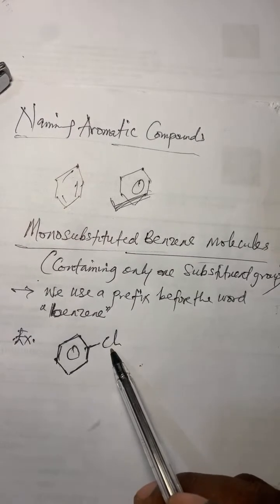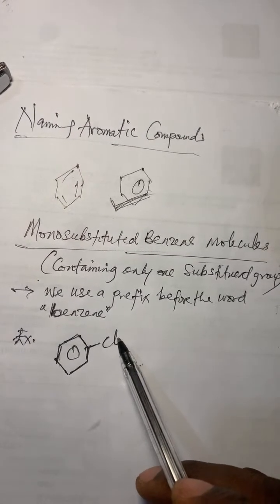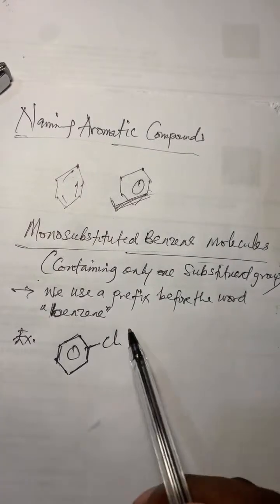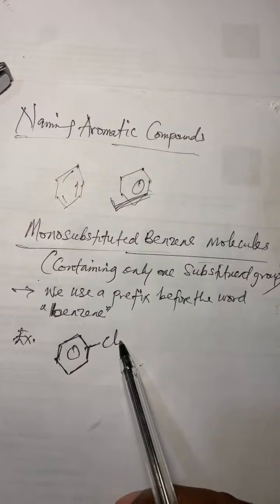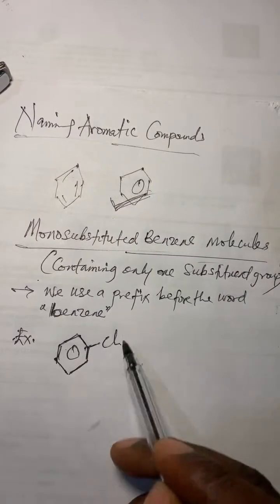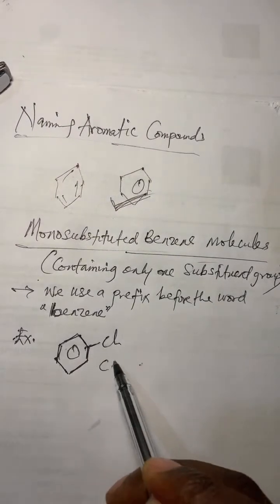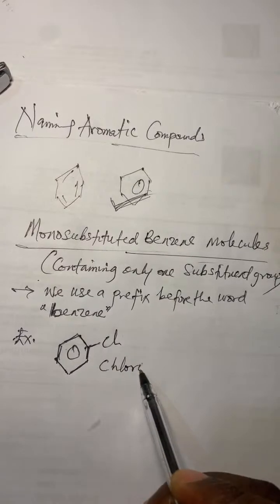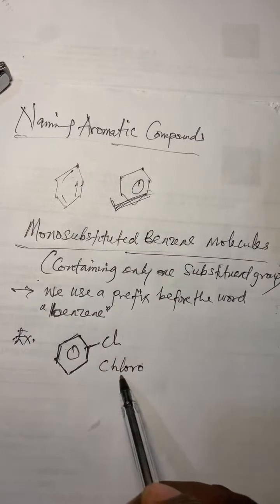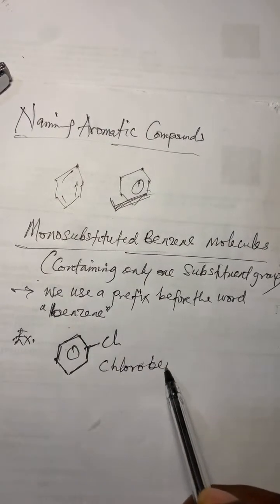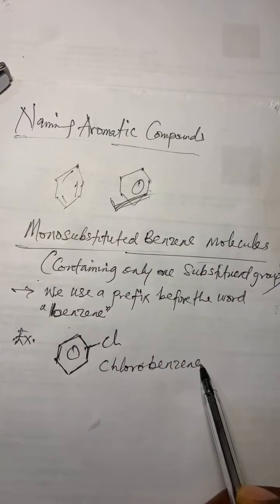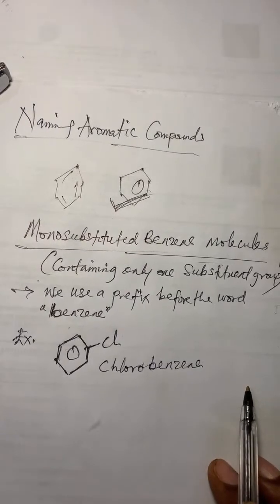For you to name this compound, you must write the prefix first before benzene. The prefix is chlorine, but when you write it down, you don't write chlorine, you call it chloro. So this chloro stands as the prefix before the word benzene, and that means we have chlorobenzene. Does that make sense?